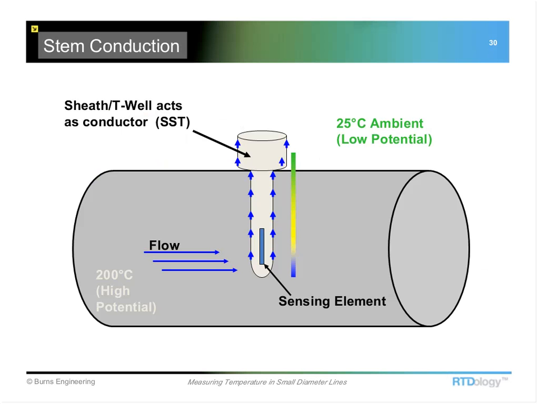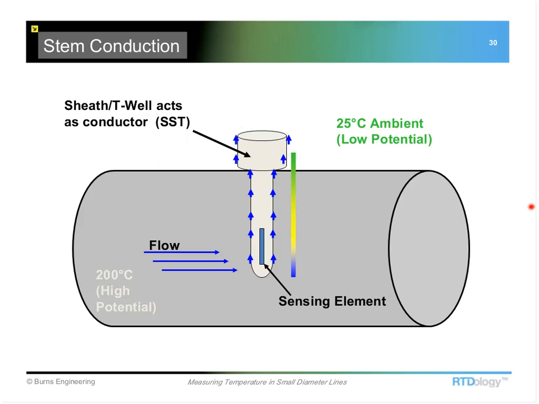Stem conduction. Again, this is just the effects of the ambient conditions on the sensing element. And again, this is the biggest problem that I run into, insufficient immersion length.